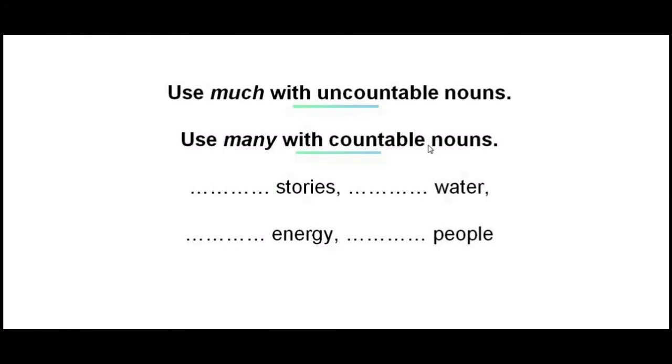Now let's review and practice a bit. Remember that we use much with uncountable nouns and many with countable nouns. Now have a look at the list of words below and fill in the blanks using the appropriate quantifier, much or many. Stories.